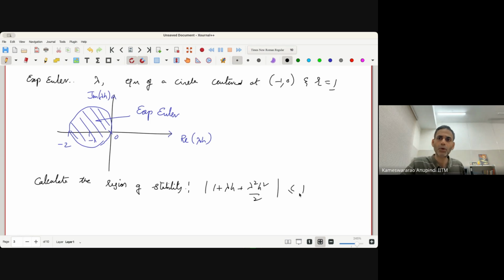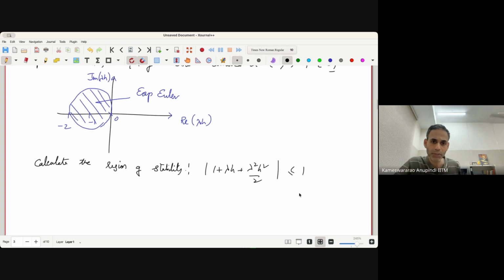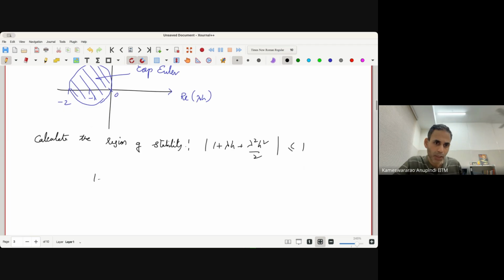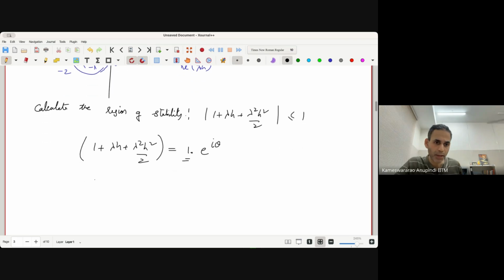One way to go about this is to equate 1 plus lambda h plus lambda square h square by 2 to 1 times e to the power I theta. Because it is 1, we want to draw the stability region, the stability diagram. Then we vary the value of theta from 0 to 2 pi, or we can even vary only till pi because it will be symmetric for up and down.